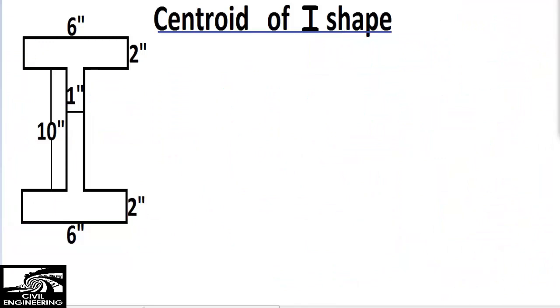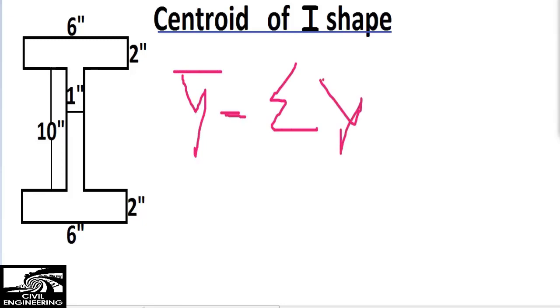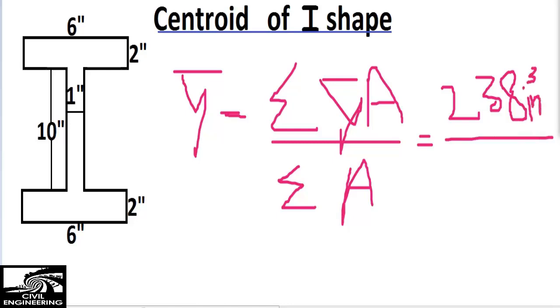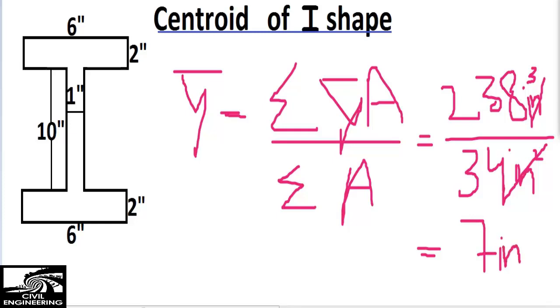And then we find that the centroid of the object is equal to the summation of y into a divided by the summation of area. So this is 238 inch cube, and this is equal to 34 inch square, right? This inch square cancels out with this, only 1 inch remaining at the top, and it comes out to be 7 inches, right?